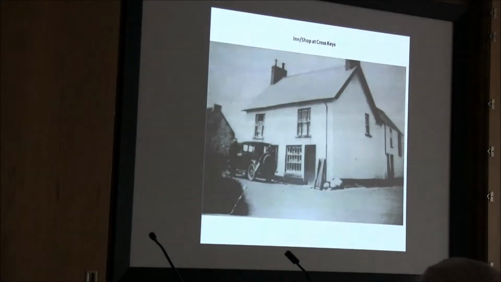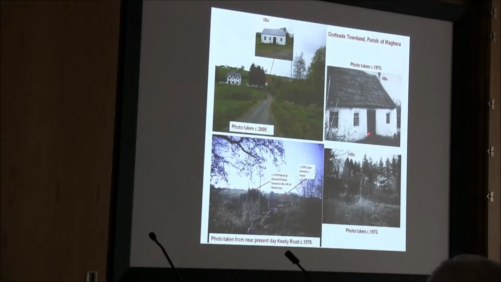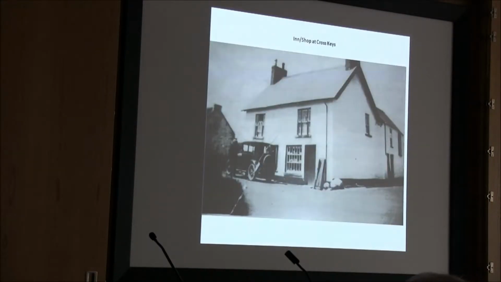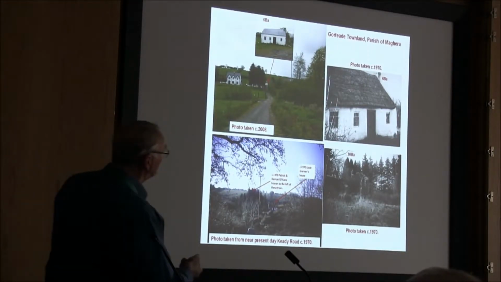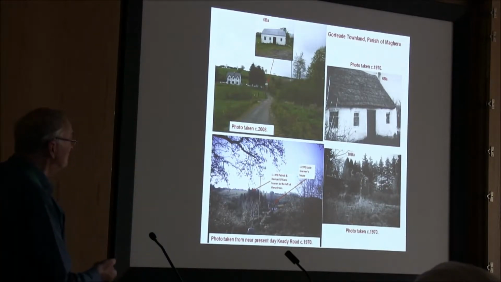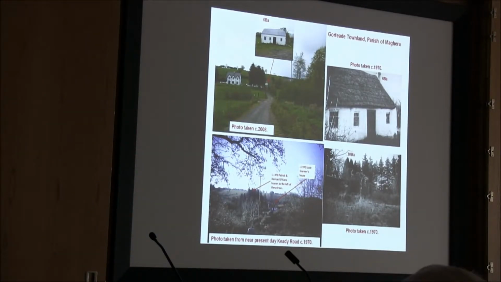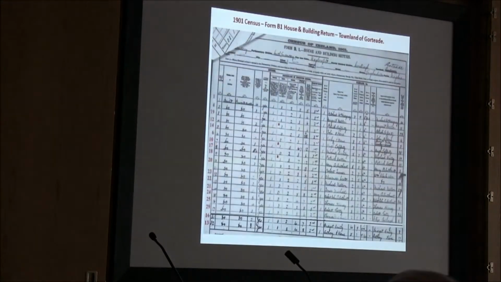That's that one there, right? So we know, actually, the lady who lived in that in 1970 was a lady called Lizzie Kearney. Unfortunately, I didn't get a photograph of her. I should have. She was a bit shy, so she wouldn't stand in the doorway. So I never did get a photograph of her. But obviously, she's long since gone. So you see how I'm trying to.